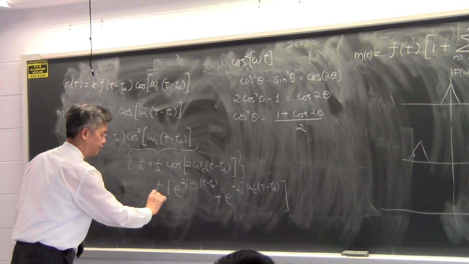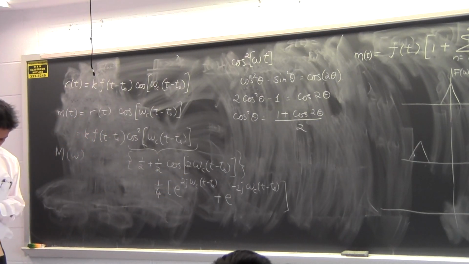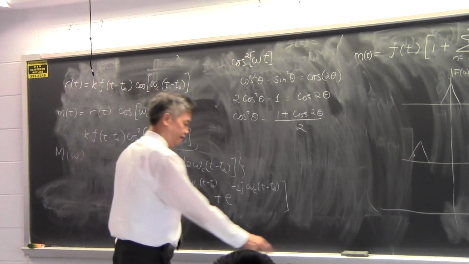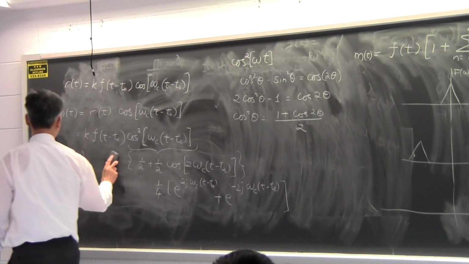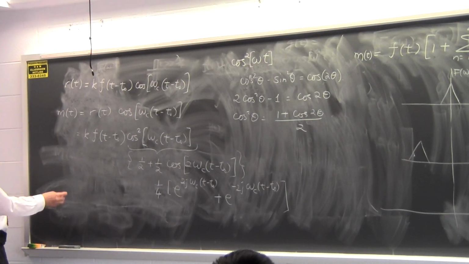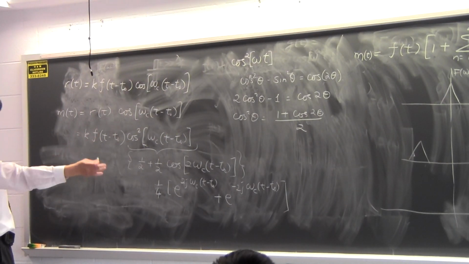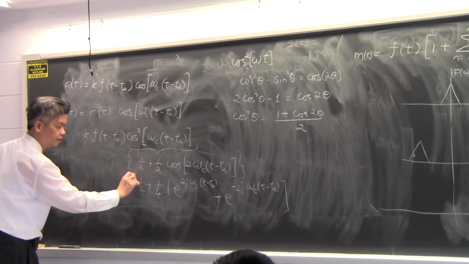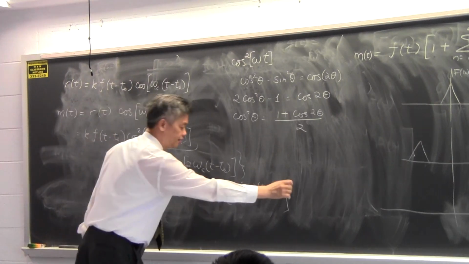And I put a quarter here because the cosine contributes to another half. So now m of t is given by f of t multiplied by those 3 terms. The 3 terms here mean half plus this term plus that term over there.